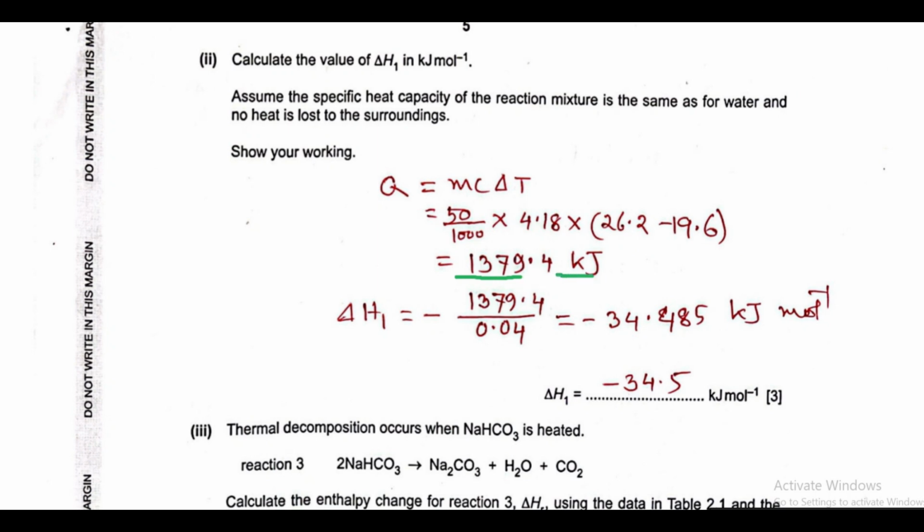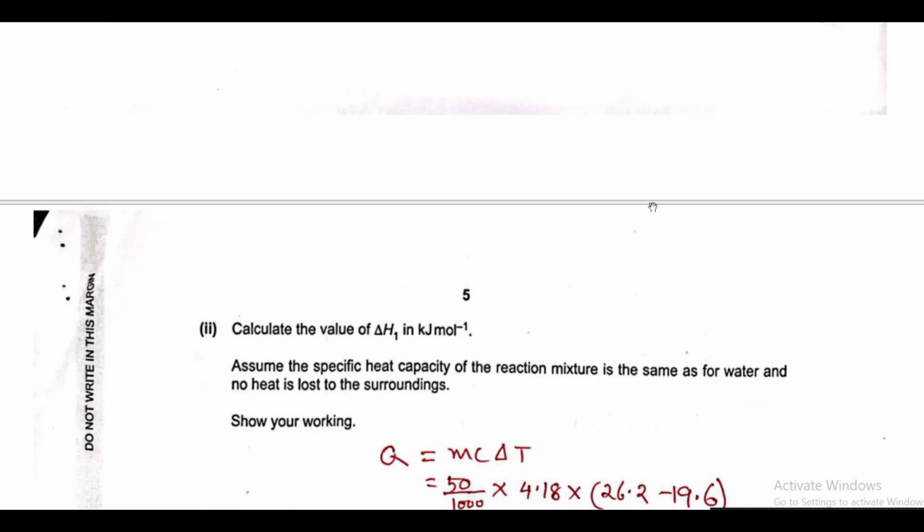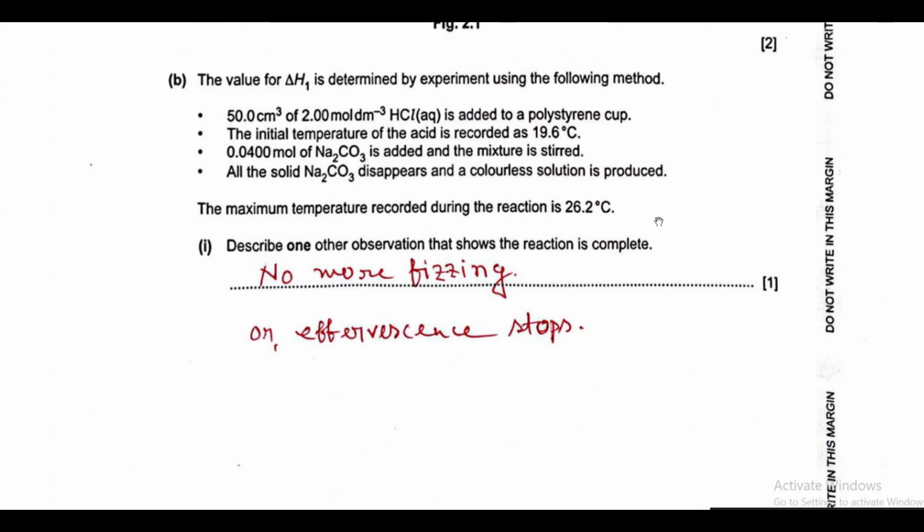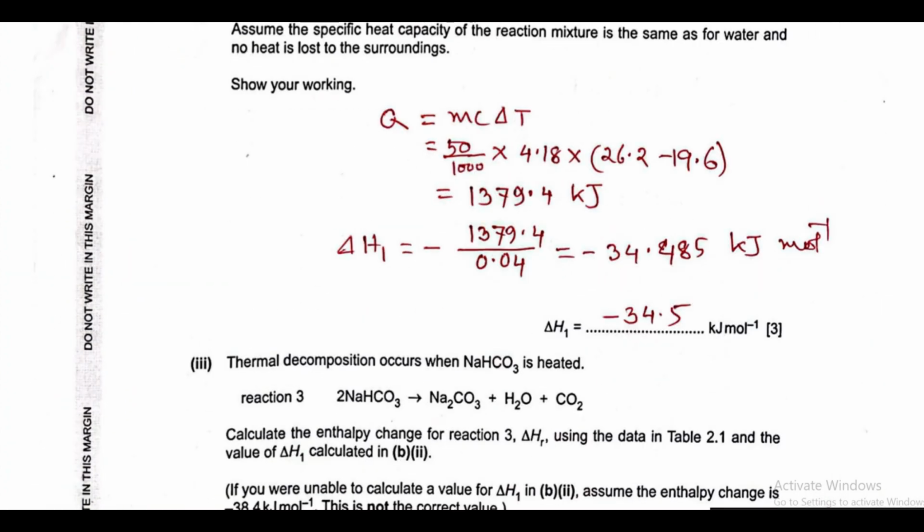1379.4 kilojoule. Now you are asked to calculate the ΔH1, enthalpy change for reaction 1, when sodium carbonate reacts with hydrochloric acid, sodium chloride, water plus carbon dioxide is formed. Energy transferred Q equals 1379.4 kilojoule.